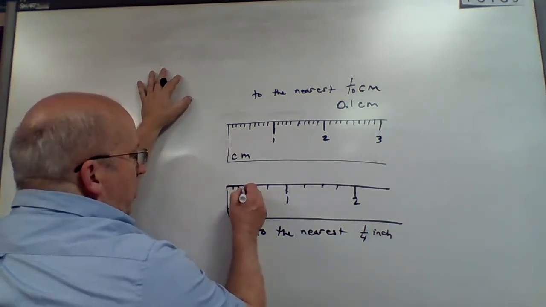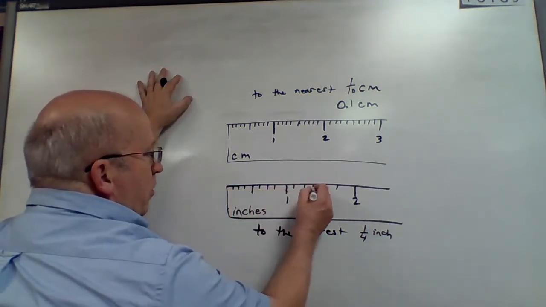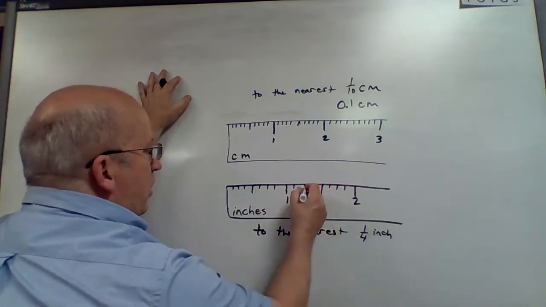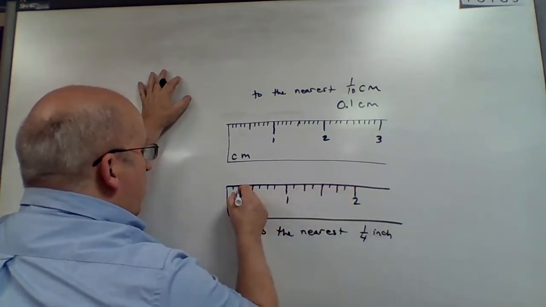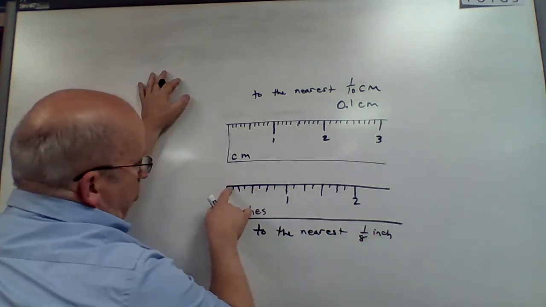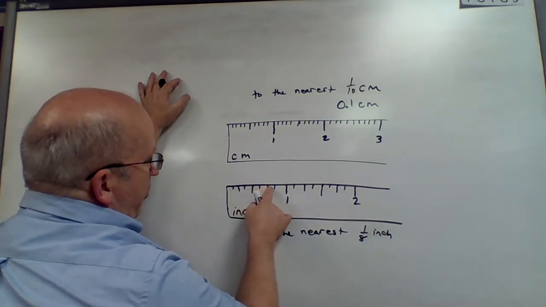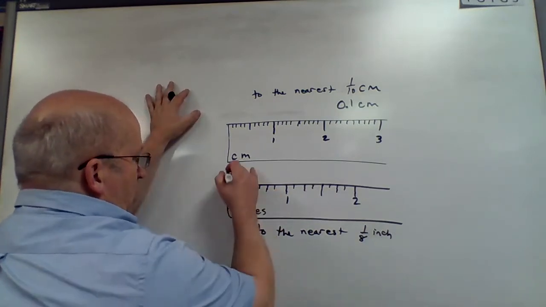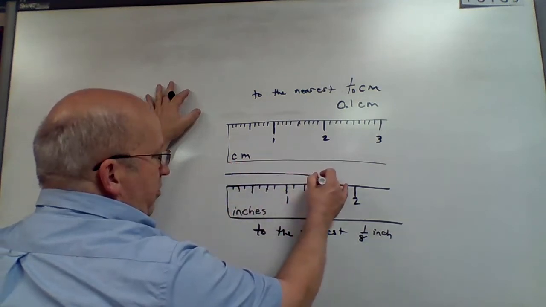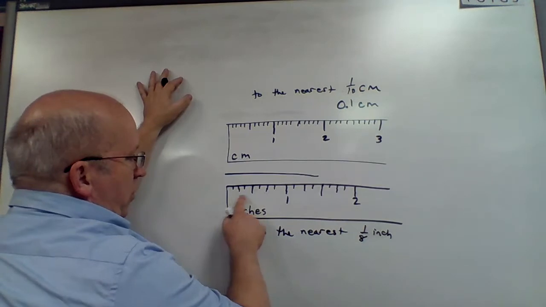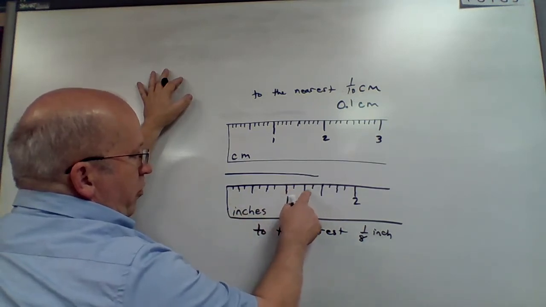And I could keep this going. I could make more tick marks. Now I've divided the ruler into eighths. There's 8 sections. 1, 2, 3, 4, 5, 6, 7, 8. Now I'm precise to the nearest 1/8 of an inch. So if I draw a line here and I say, okay, how long is that line? I could say, well, it's 1 inch, and it's 1, 2, 3.